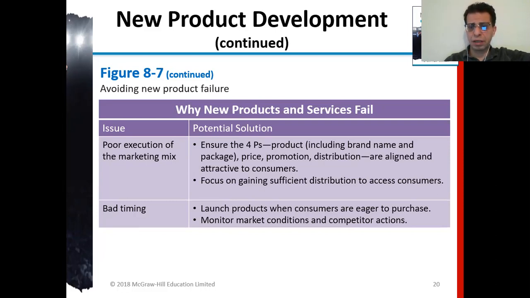The other thing is bad timing. To solve bad timing, launch a product when the consumers are eager to purchase, and monitor the market condition and competition. When we launched mobile diabetes, it was too early for customers to adopt it, and we were the first.